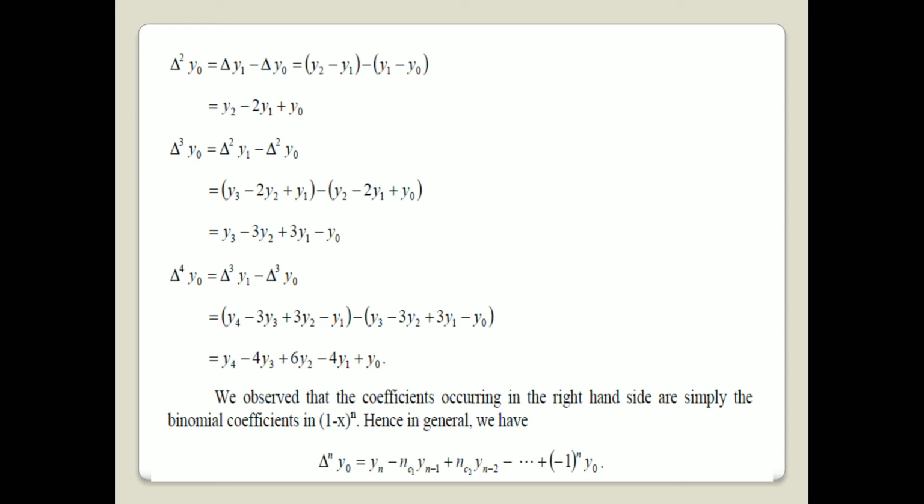Here we observe that the coefficients occurring on the right hand side are simply the binomial coefficients in (1 minus x) raised to n. Hence in general we can write delta raised to n y0, the nth order forward difference of y0, is equal to yn minus nC1 y(n minus 1) plus nC2 y(n minus 2) minus, plus, and so on, minus 1 raised to n y0. nC1 is the notation of combination, nC2 also, up to and so on.